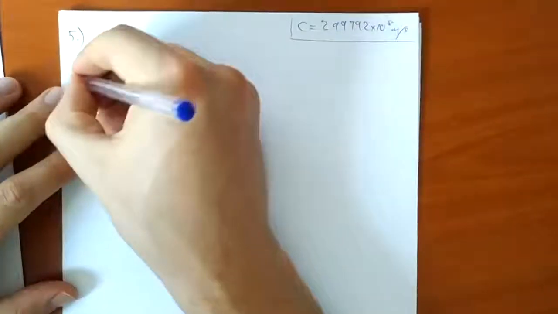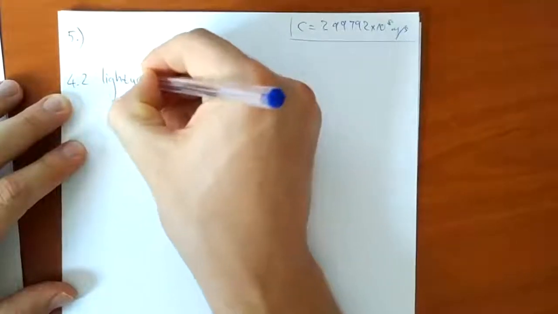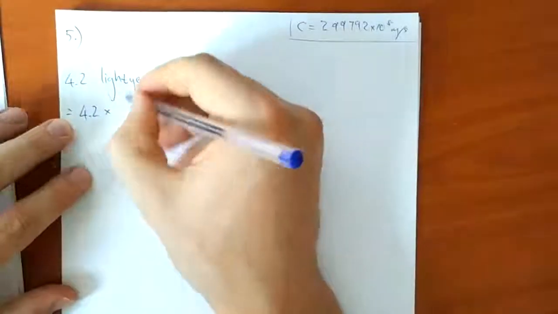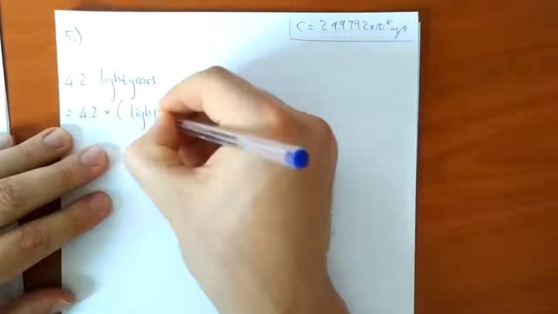Okay, so let's write this out completely in full. So it is 4.2 light years. This is equal to 4.2 times, well, let's write it out completely, times 1 light year.